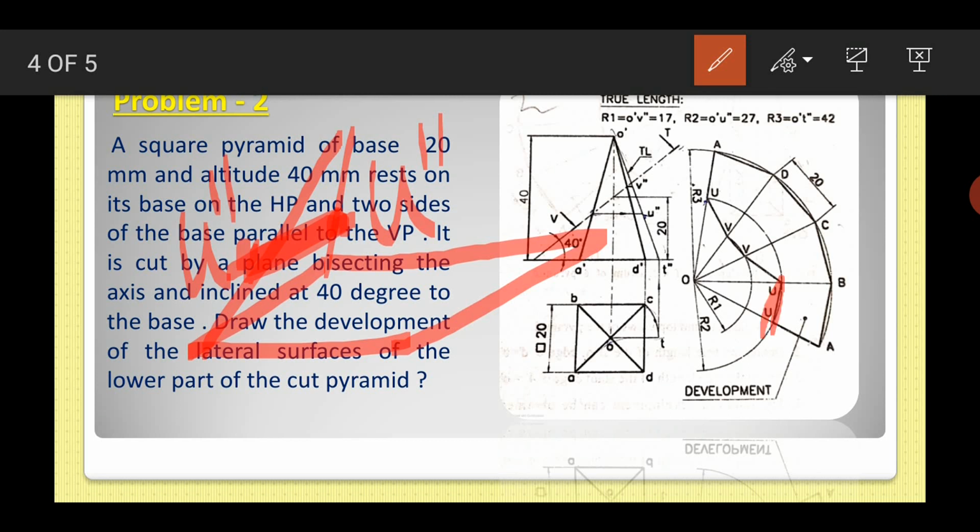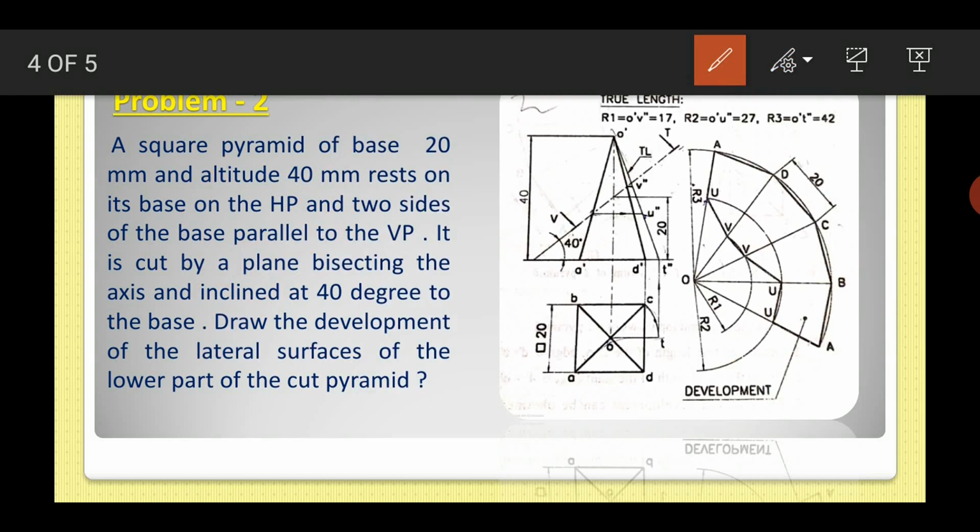How are you going to measure? U double dash is R2 actually. So we will take the radius R2 and draw a semicircle. Then we will mark U in the first part, that is AB, the points A and B. So U, A, B in the first part.